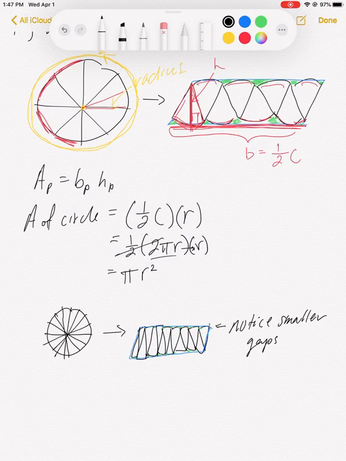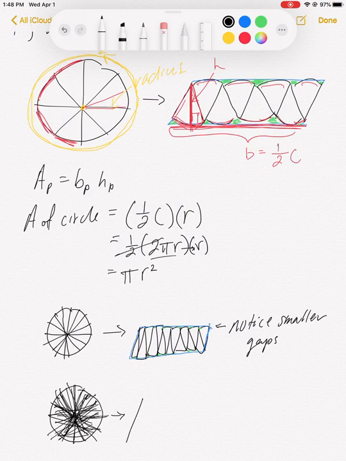Now if we take a pizza and we divide it into infinitely many pieces, how big are those pieces going to be? If I divide it into infinitely many pieces, they will actually fill up the parallelogram perfectly in this way.